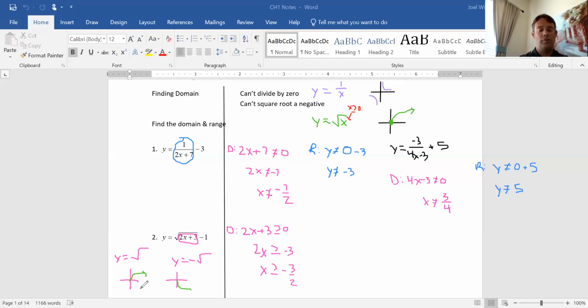For range, if I'm dealing with something going above, my range is going to be y is greater than or equal to. If there's a negative value, my range is below the graph, then it's going to be y is less than or equal to. So in order to know what kind of sign I'm dealing with here, I got to take a look at whether I'm greater than or less than.